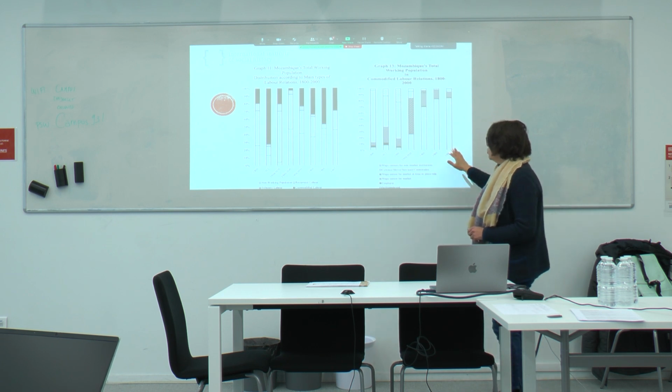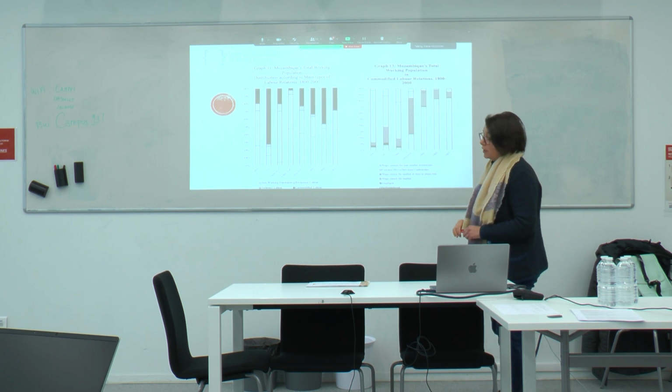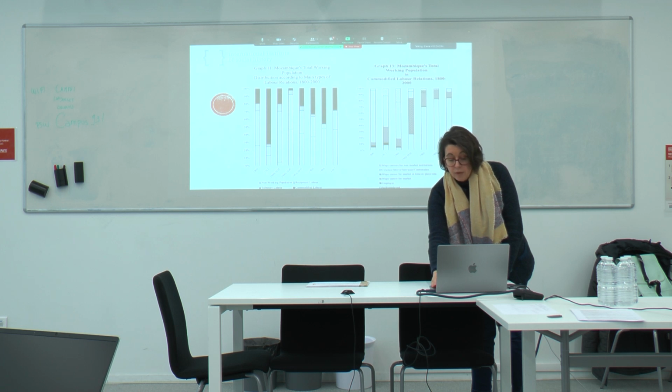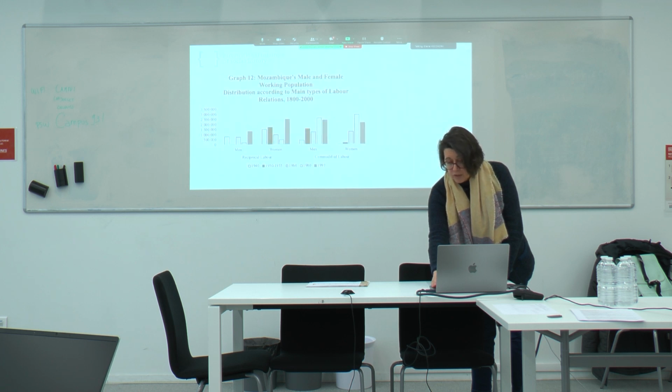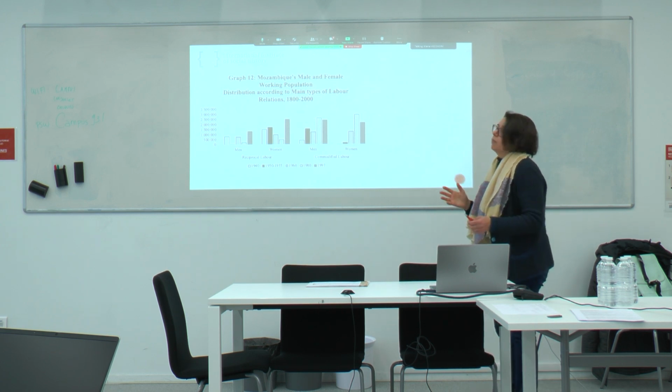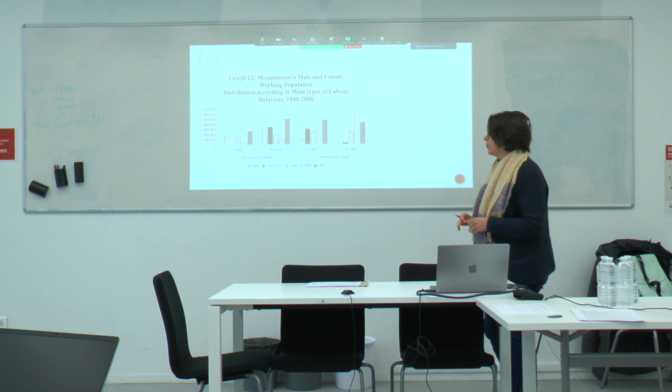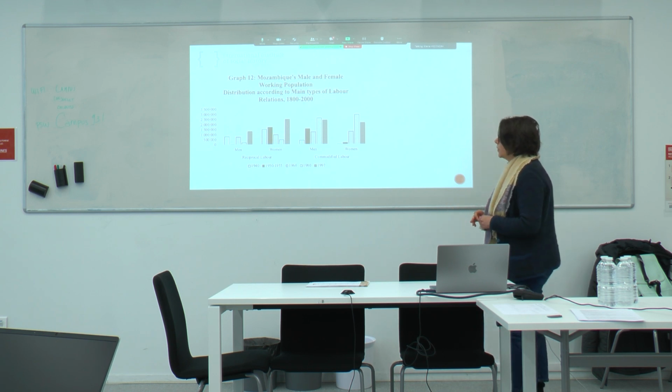But overall, you do see that there's an increase in the number of people that are engaged with the labor market, and they have the capacity to sell their labor, being more or less free, of course, because the freedom of choice to sell their labor is in some cases limited.